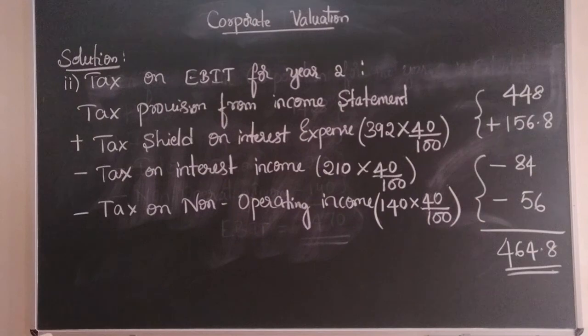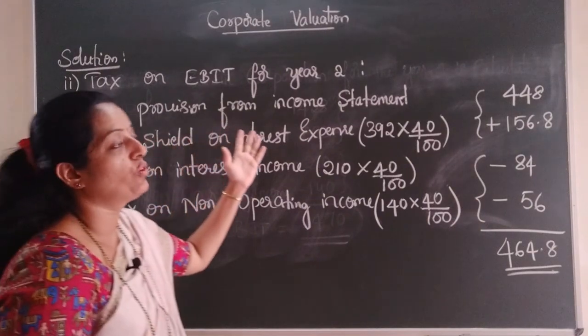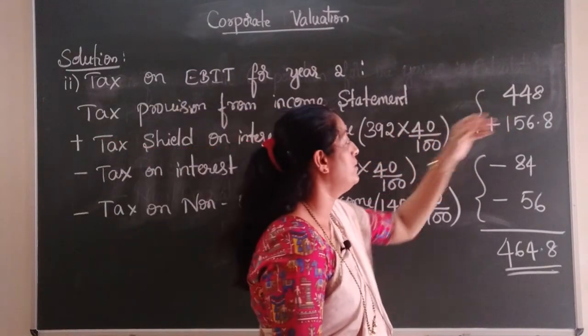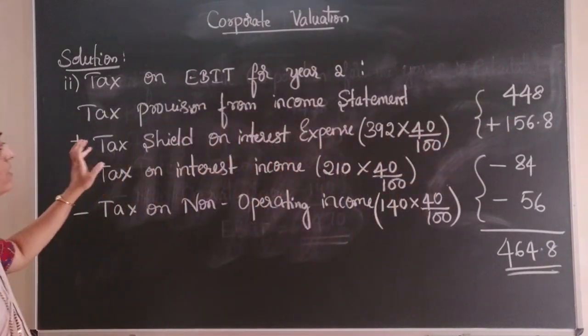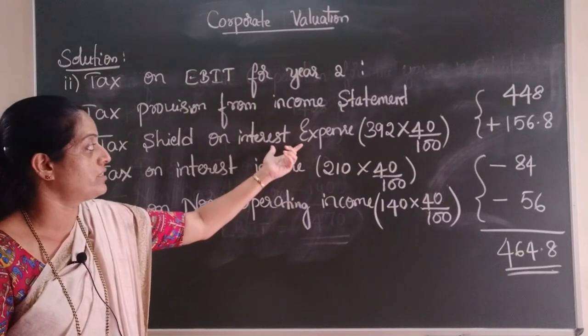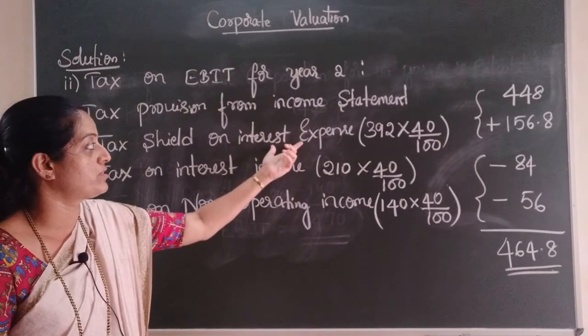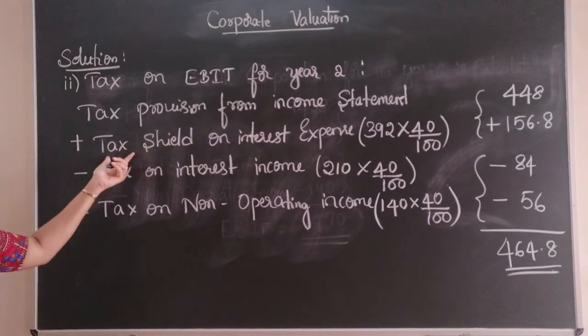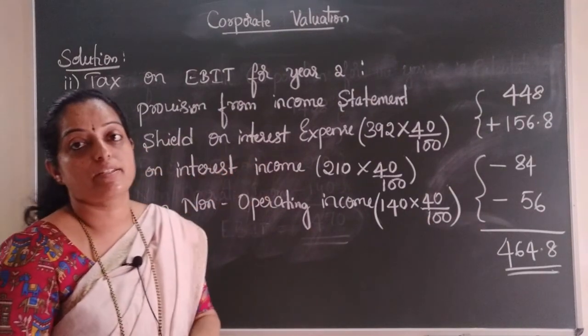See, tax on EBIT which we have found out: the tax provision given in the problem is 448 in the second year. Then, since for EBIT we have added back interest expenses, on interest expenses we need to find the tax, with 40% as the tax rate.